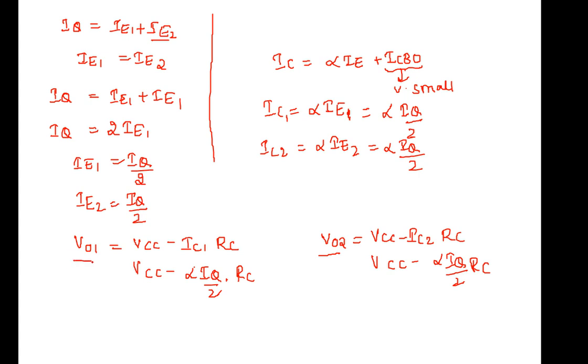As the differential amplifier output V0 equals V01 minus V02, and both V01 and V02 values are equal, the output is 0.